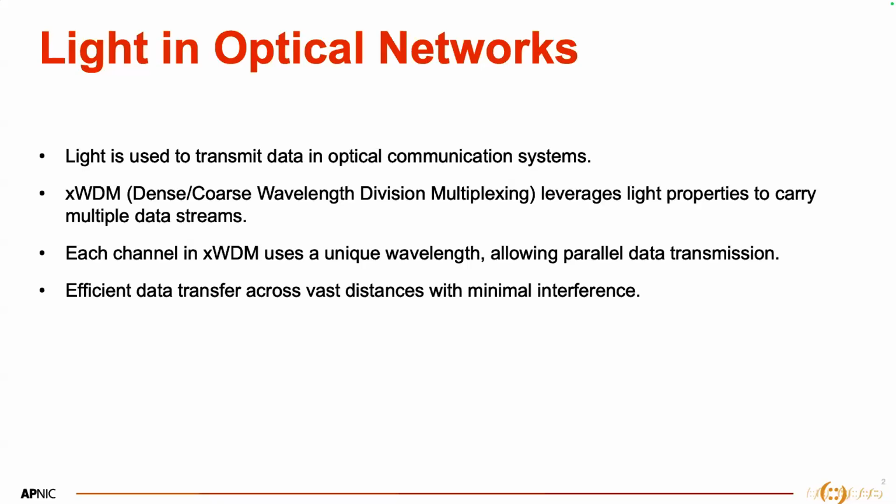Whenever we're working with optical communication, we're basically using light to complete the communication. For any kind of WDM technology, we are basically using different wavelengths of light from one place to another to carry data, and we use those wavelengths as separate channels within the same fiber.